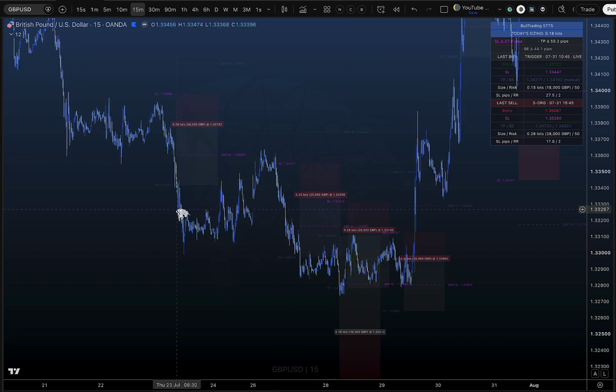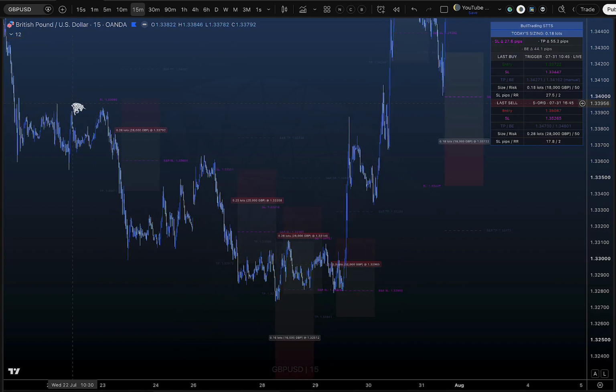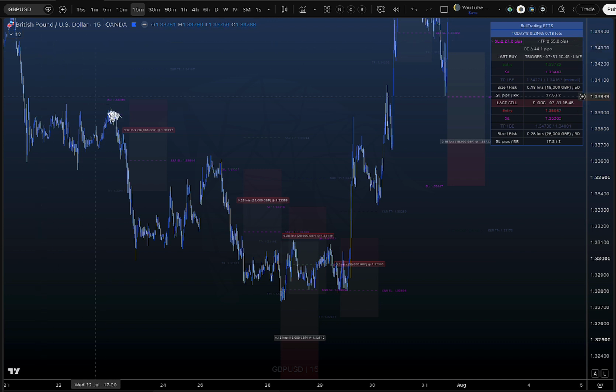I will start explaining, for example, this box. This setup was displayed Thursday, 23 of July, at 8:30 in the morning. If you're trading the pound US dollar in a downtrend movement, you know that this level will represent resistance.